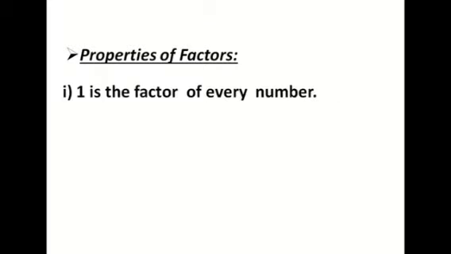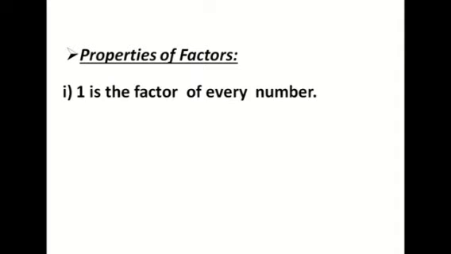Let us discuss the properties of factors. If you take any example, it will be much easier to understand. Just now I showed you the factors of 15. So you got 1, 3, 5 and 15. If you take any other number, you can see that 1 is a factor of every number. Okay.